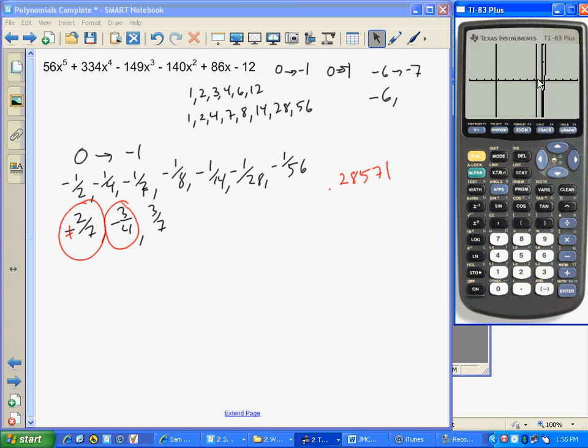Let's see. I'm having trouble finding the one that's between negative 6 and negative 7. Let's go to our table and set that one up. We'll start at -7 and have the same changes. See if we can find this one. Nope, it's not there.